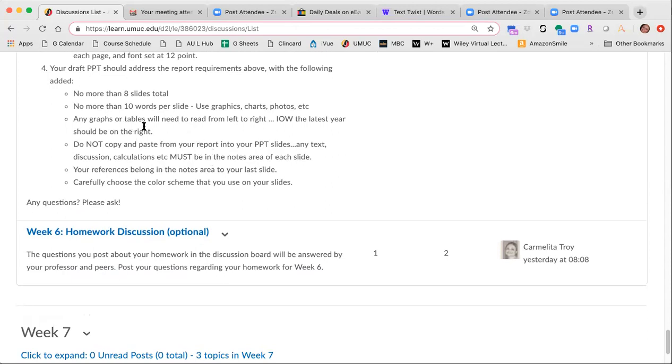Another point I want to bring to your attention, because a lot of times the data in the balance sheet or the income statement has the earliest year on the left side and the most recent years, like 2019, 18, 17. What we need is the exact opposite, so that it's 17, 18, 19.